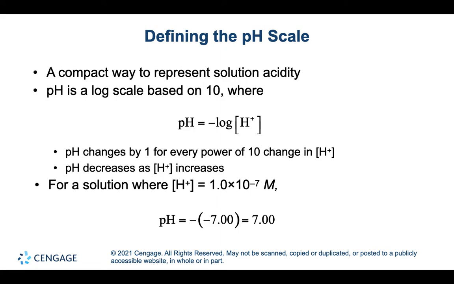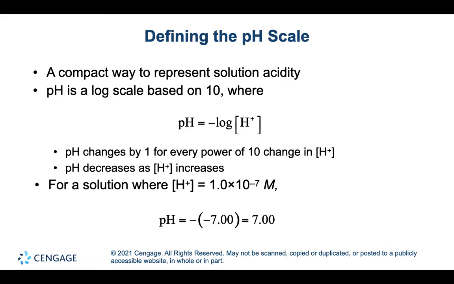Now, in fact, pH is not just the logarithm, it's the negative of the logarithm. And this makes pH a logarithmic scale, kind of like the earthquake scale, the Richter scale. Every number then is a power of 10. If you have an earthquake of 6, that's 10 times stronger than an earthquake of 5. And an earthquake of 7 is 10 times stronger than an earthquake of 6.